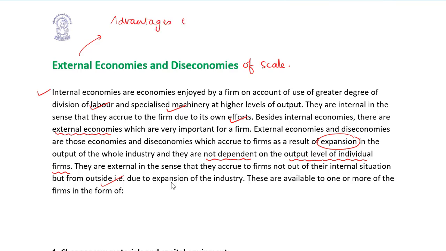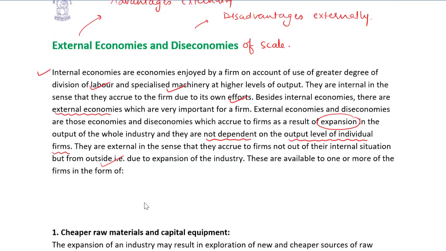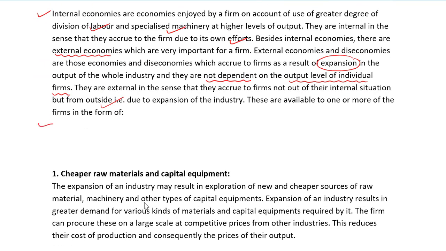Just right over here, external economies means advantages externally, disadvantages externally. Okay, just write one point over here.